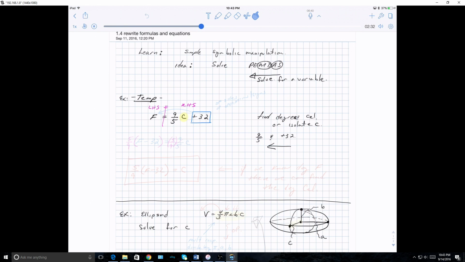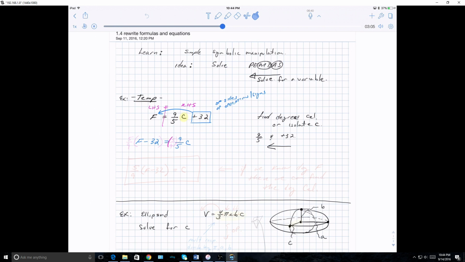So here we go. Blue. So opposite sides, remember? Opposite operations, or signs. And now what we have is F minus 32 equals 9/5 C. And then in order to get rid of the 9/5, we just multiply by its reciprocal, because that is its inverse.